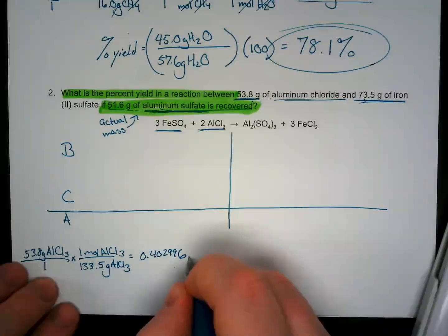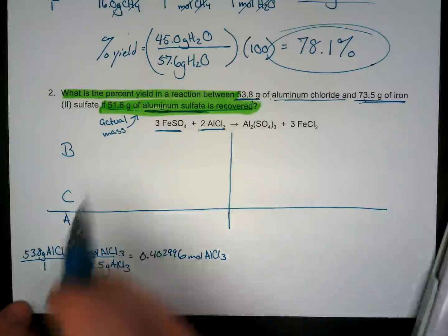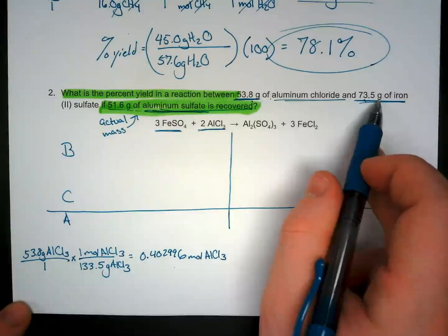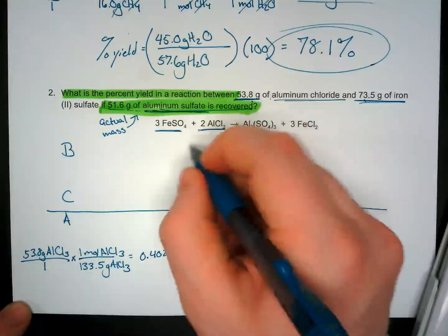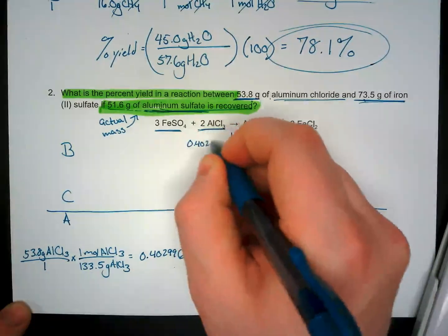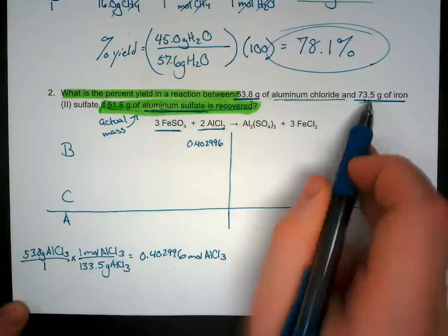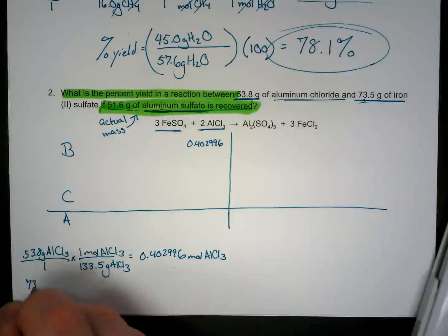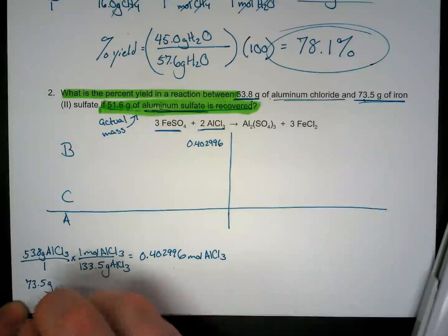Okay, that's moles of aluminum chloride. Now let's change the, and actually we'll put this up here: 0.402996. Then we're going to change this guy, so 73.5. I am not leaving myself with a whole lot of room, but we can work on the back, that's fine.